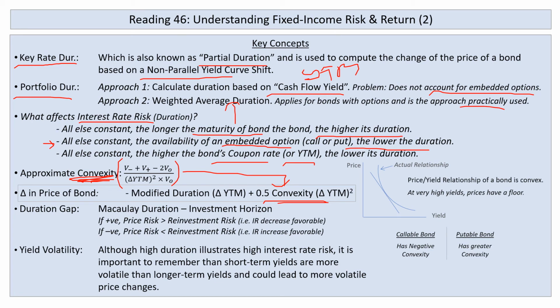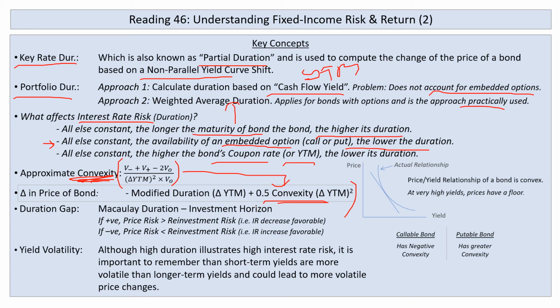The effect of convexity over here would demonstrate that the negative effect of modified duration would be somewhat decreased by the positive effect of convexity. This is what you should know over here.